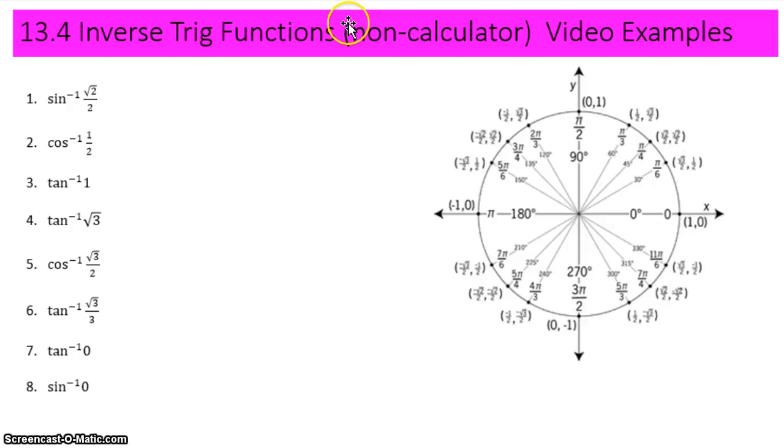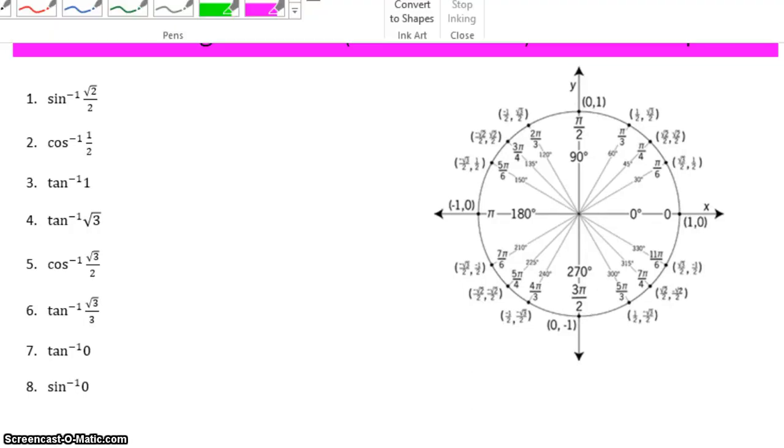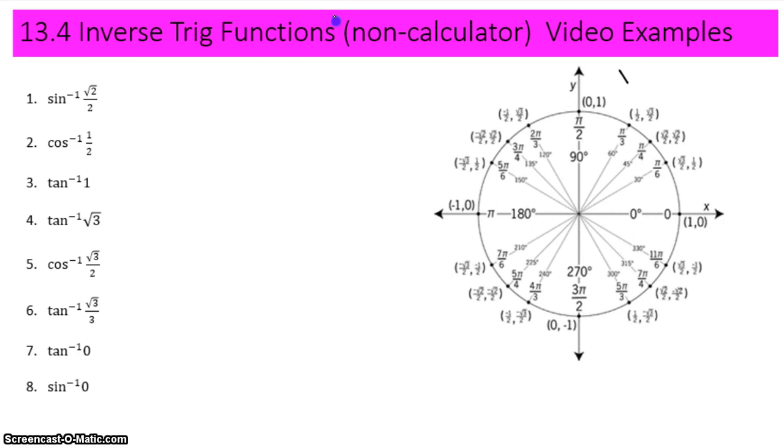So again, what's really super important to know here is that your x value is your cosine of theta, your y value is your sine of theta, and your y over x is your tangent of theta.